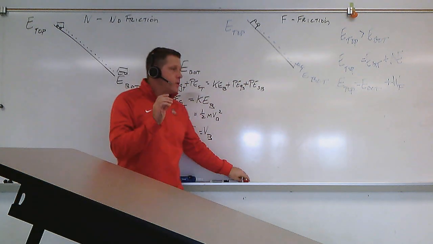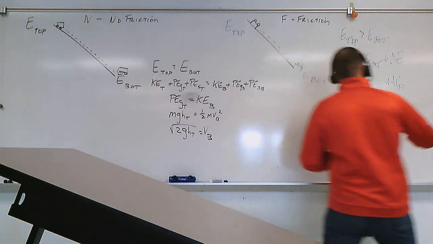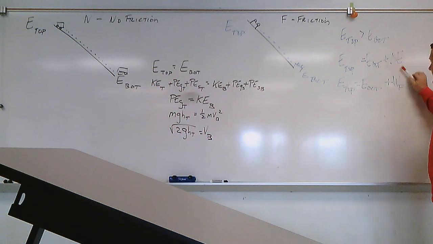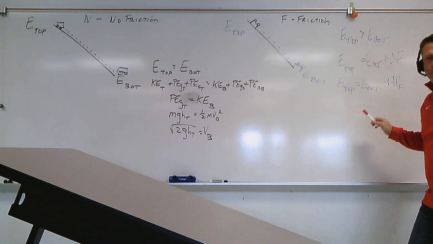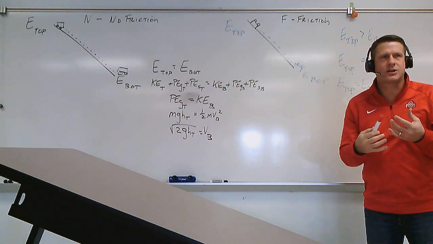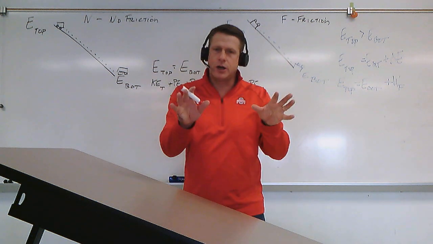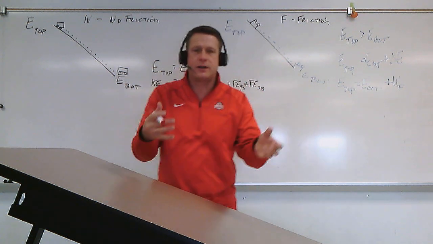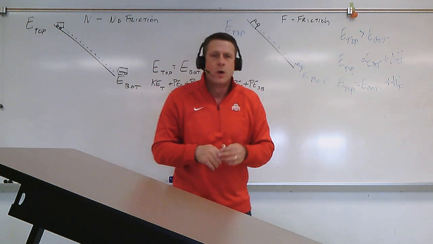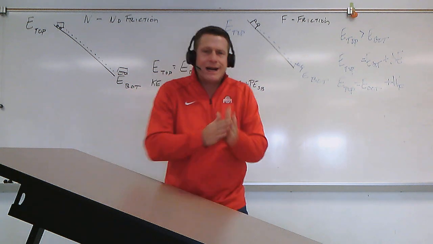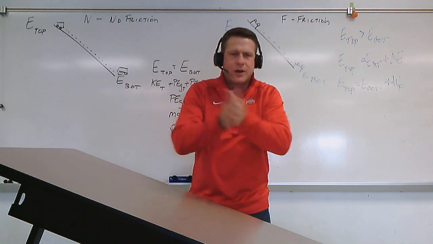Now, that work done by friction and this change in energy, again, is not a change in overall energy. It's just a difference in mechanical energy. We've lost some mechanical energy. But energy, as you know, from middle school, elementary school, can't be created or destroyed. Where does it go? Well, when friction does work on an object, just think about you rubbing your hands together.